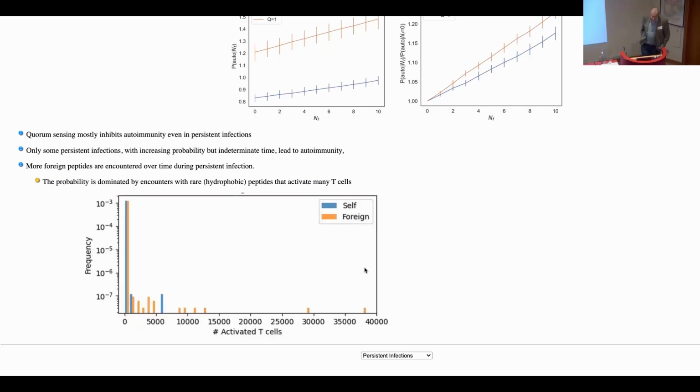When we were doing this, we found something that we did not expect, which is that we actually looked at all potential self-peptides from human as well as some pathogens.